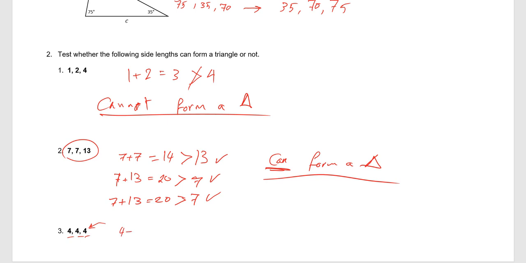So just try the different combinations. 4 plus 4 is 8, which is greater than the remaining 4. Again, 4 plus 4 is 8, and 4 plus 4 is 8, right? So same thing. So all these conditions are valid. So this set of lengths can form a triangle.